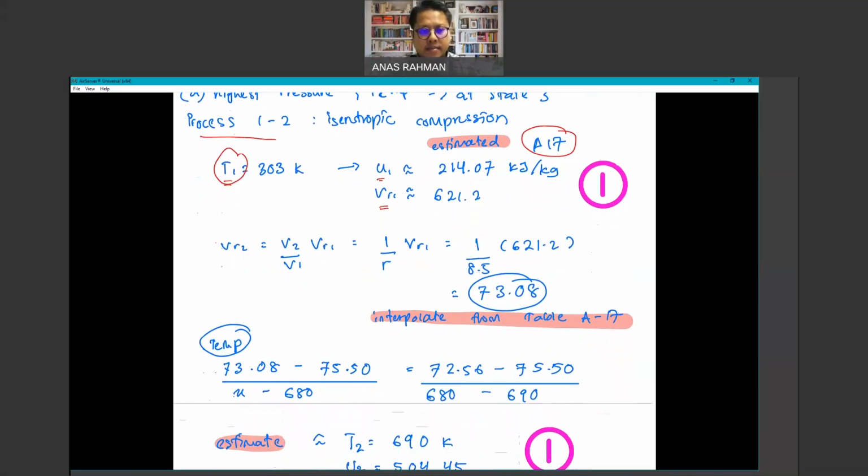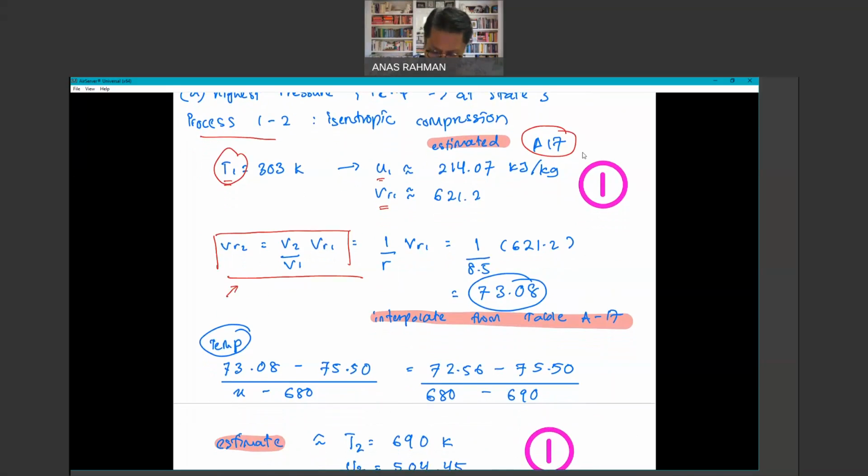Once you get that, you can get VR2, or relative volume 2, by using these corresponding equations, because we know the relationship between specific volume and relative volume.